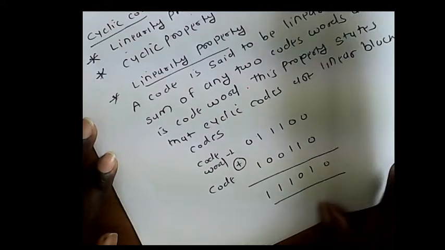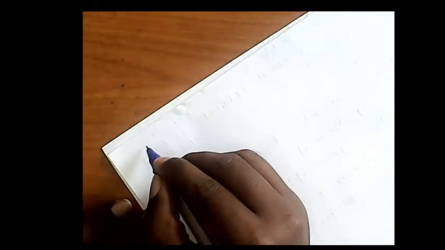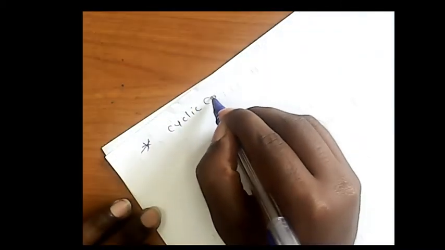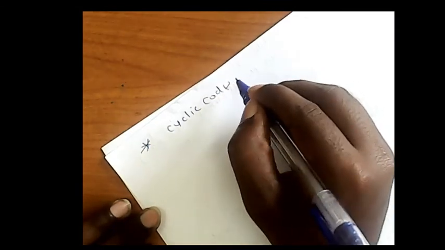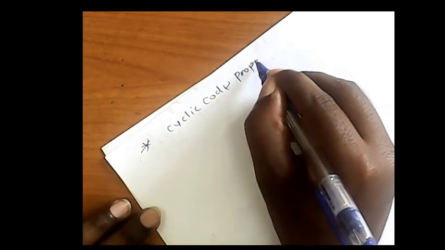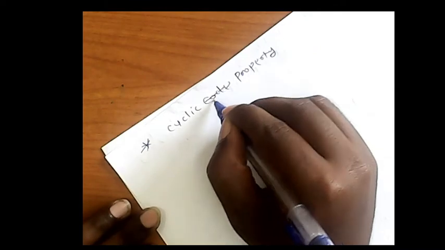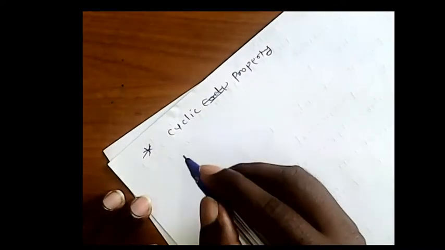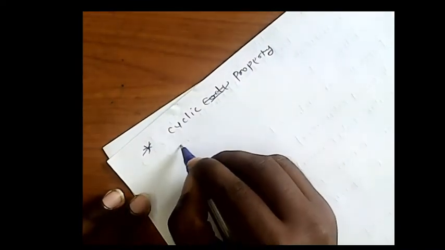The second property which belongs to the cyclic code is the cyclic property. So what is meant by the cyclic property?